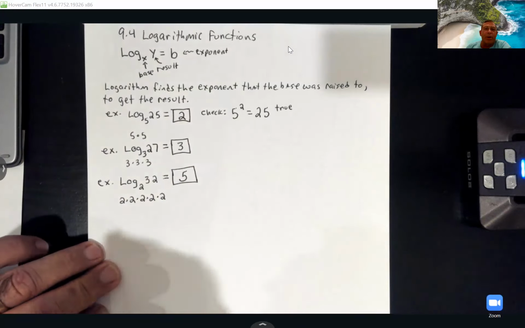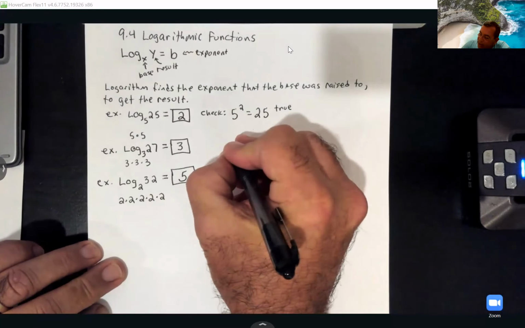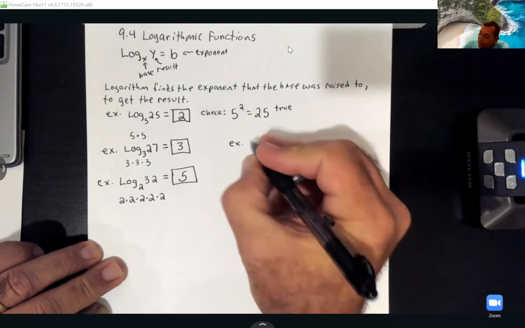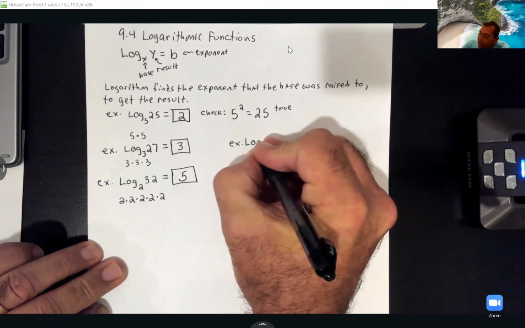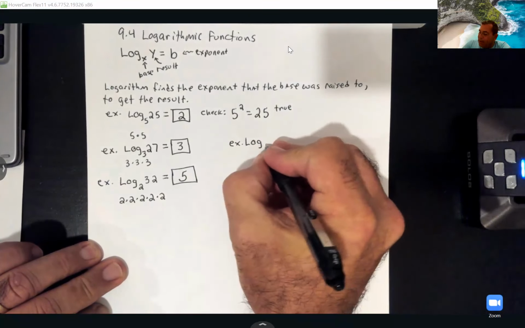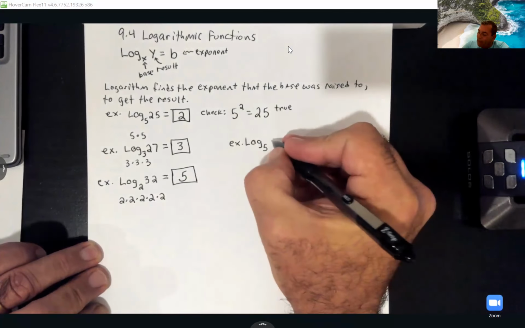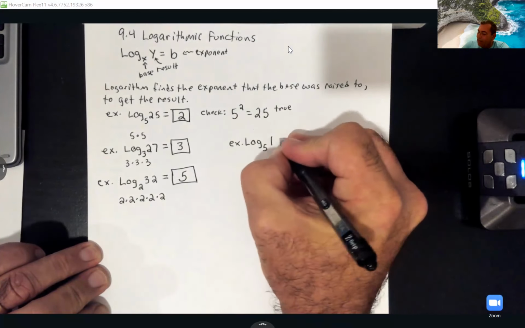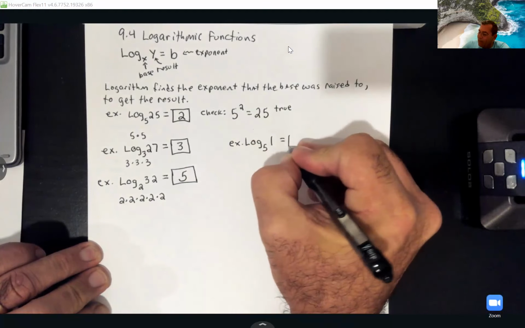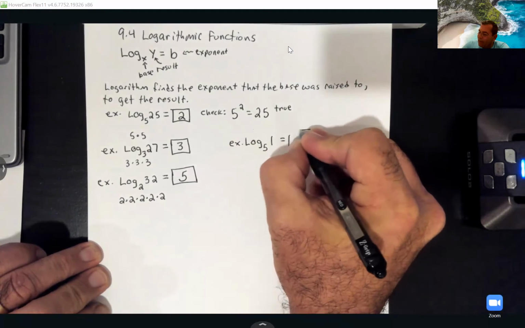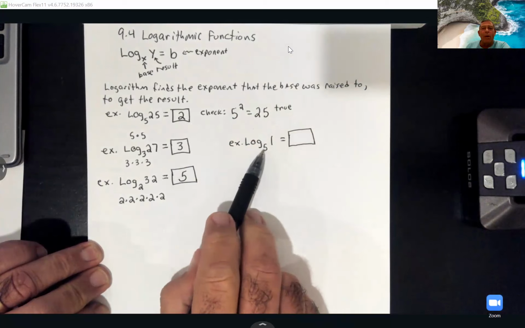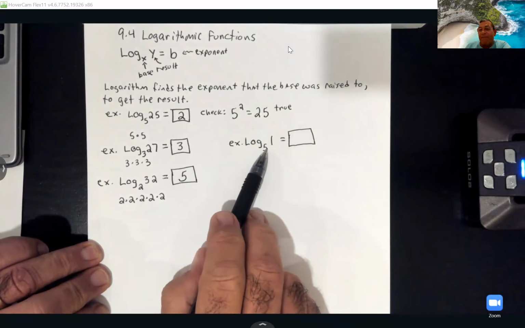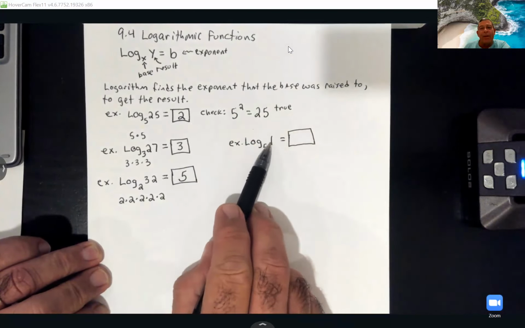So let me just sort of throw a curveball at y'all and see what y'all say here. How about the log base 5 of a 1? So what exponent would I raise the 5 to get a 1 out of that?